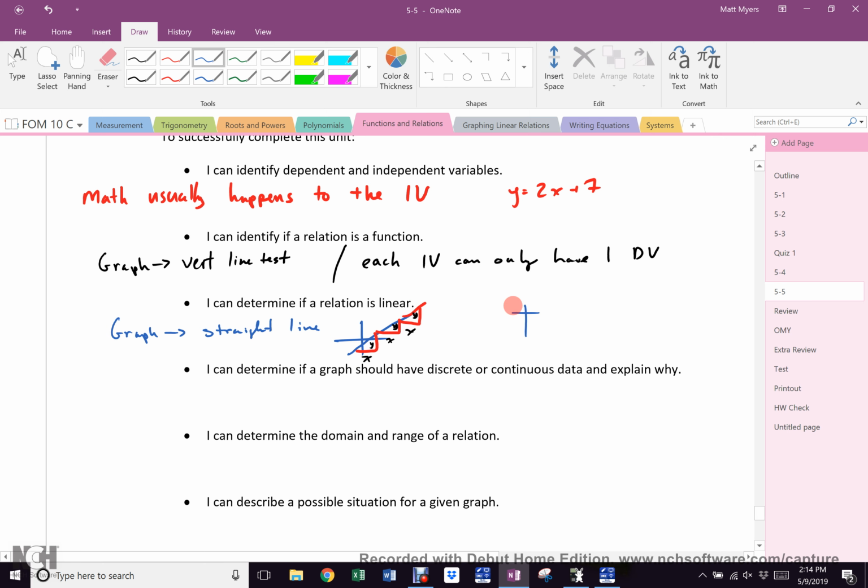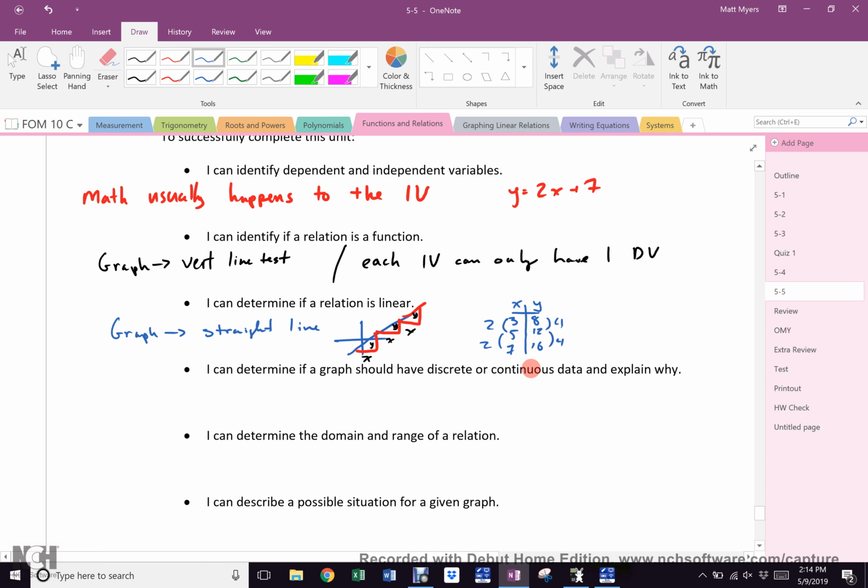If it's in a table, x, y, 3, 5, 7, 8, 12, 16. Up by 2, up by 4, up by 2, up by 4. Linear.